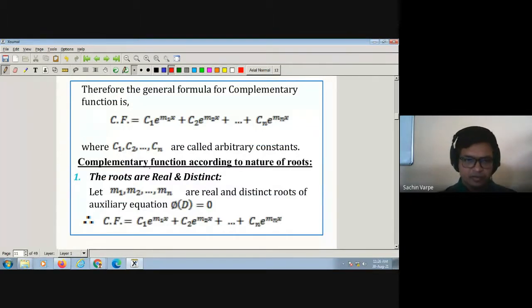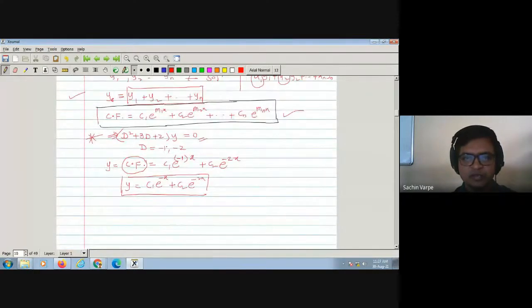So now, the complementary function according to the nature of roots. The first nature is if the roots are real and non-repeated, distinct roots, like the previous example we discussed. Here the roots are real and distinct, so that is why this is the formula.